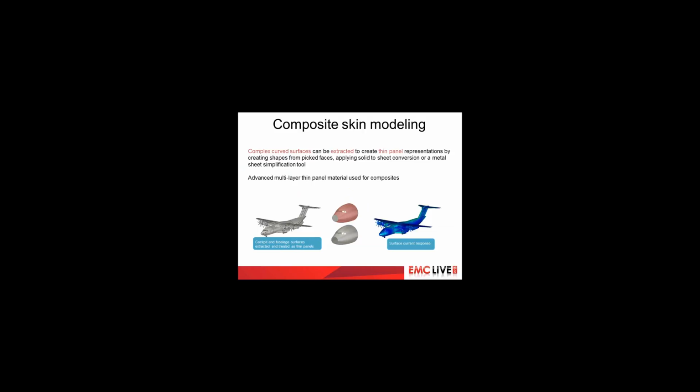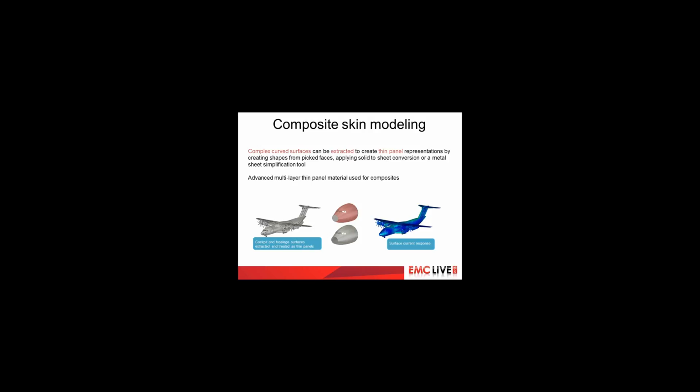It's important to model the electromagnetic effects of the composite panels. The brute force way to do this is to model the panels as solid shapes retaining the thickness in 3D, and then apply a fine mesh to capture the current variation inside the panel. But computer resources may be quickly exhausted using this kind of approach.